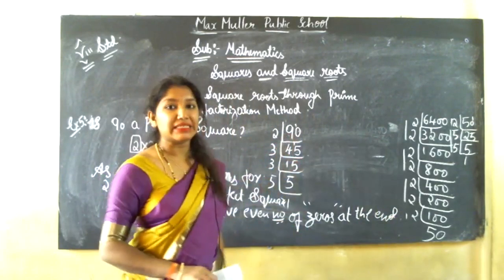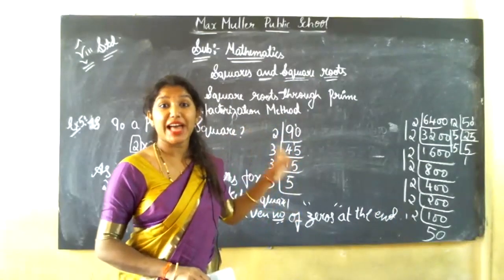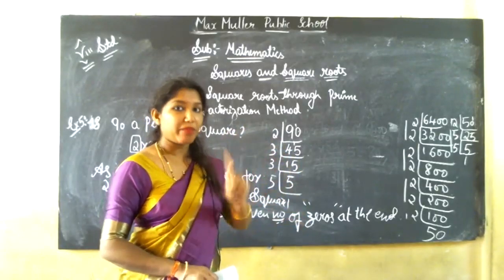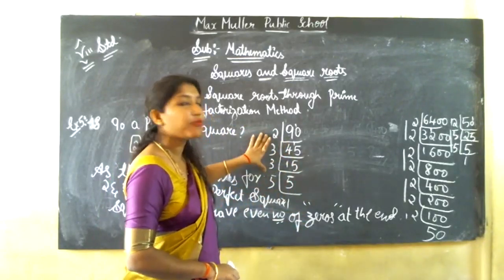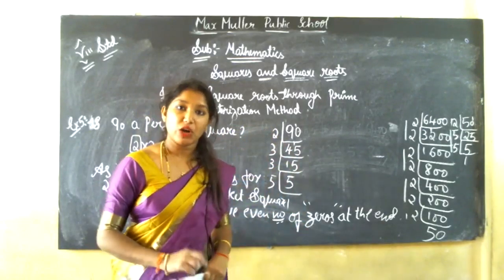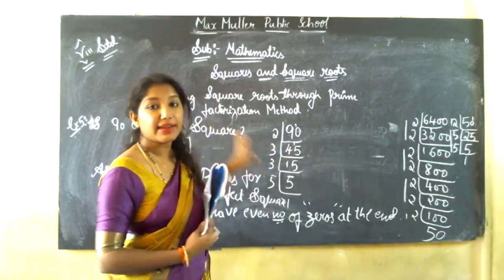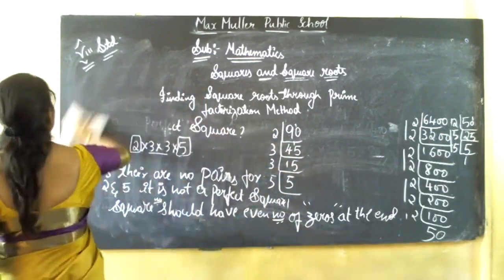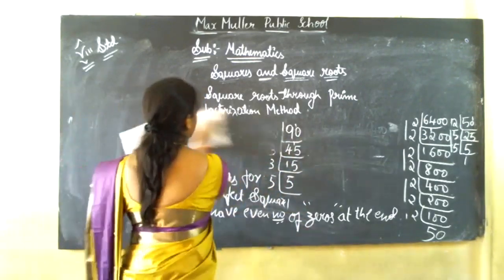But here the number is 90. No, it is not a square number because it should have an even number of zeros at the end. That is one reason, and the other reason is it doesn't have pairs for 2 and 5. Hope all understood, students. So you are concluding that this is not a square number. This is what you have to solve by the prime factorization method.